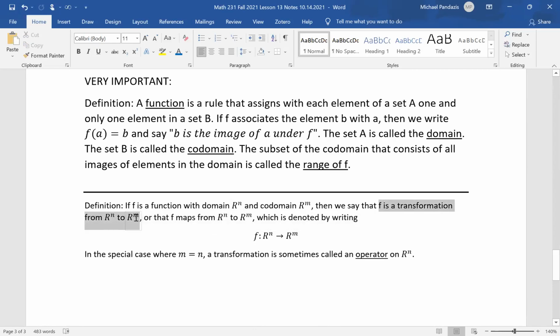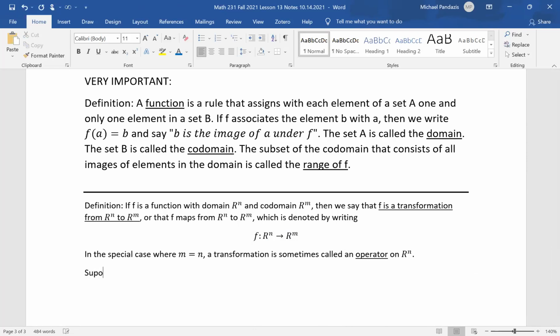That's what this definition is about. This is the notation saying F is a function whose domain is Rn and whose codomain is Rm. It's not saying the range is Rm, it's saying the codomain is Rm. So this map does not have to map to every element of Rm. It just has to map to a subset of Rm. And when m equals n, when you're mapping one space Rn to the same space Rn, then you can call this an operator on Rn.